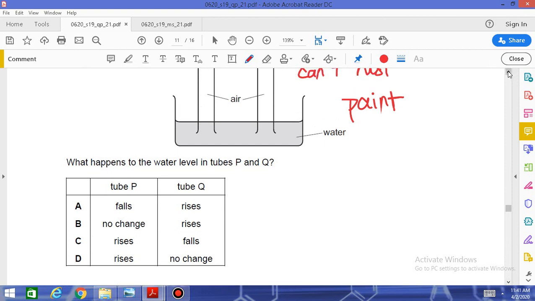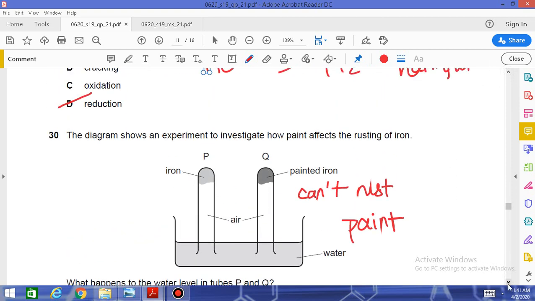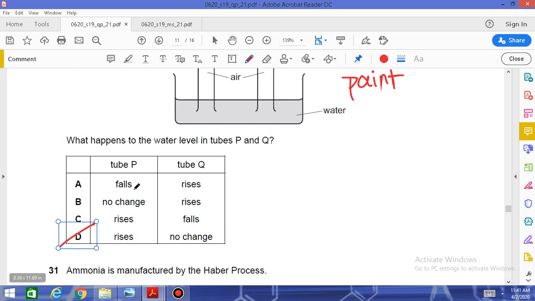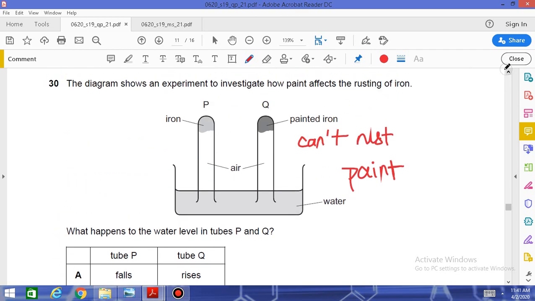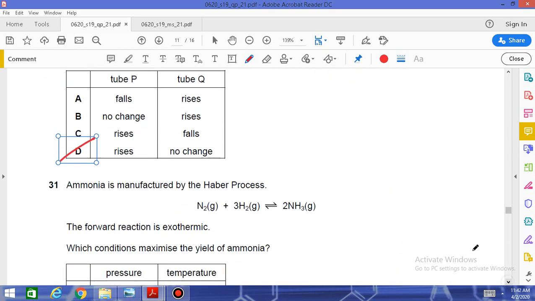Okay, so the answer is D. What happens to the water level in tubes P and Q? For tube P, the level of water rises because the water and oxygen from air will react with iron to form rust, while for Q, the painted iron cannot rust, so the level of water will not rise. Okay, the answer is D.